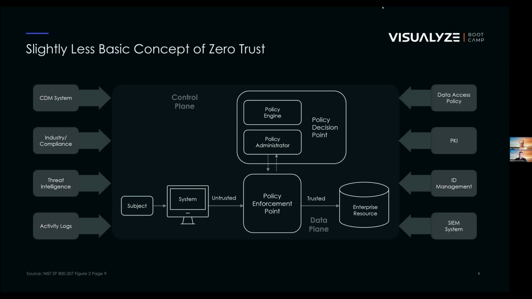Your network was secure. The computers that were inside your building were secure. If anyone outside was connecting, they were connecting over a VPN, virtual private network. And a CISO could say, we're secure.